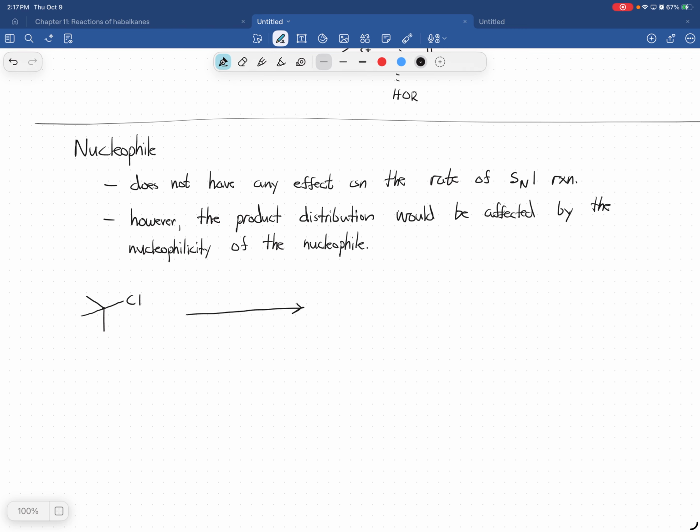So how they determined the SN1 reaction is they basically changed the concentration of both the nucleophile and the substrate, and they found that changing the amount of nucleophile you add didn't actually do anything.